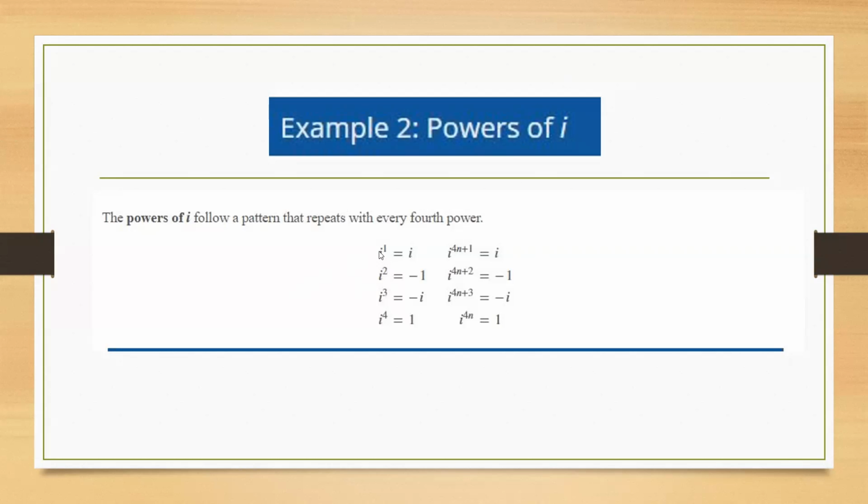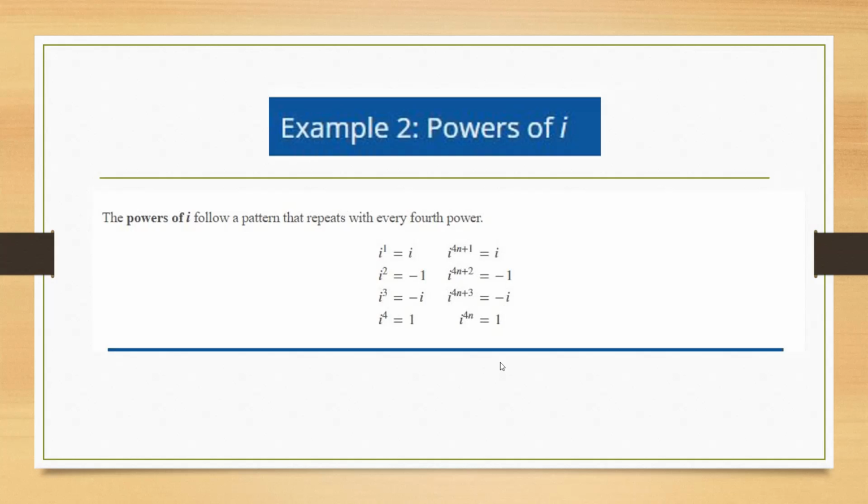So here we show going through the exponent: i to the 1 power is i, i squared is equal to a -1. i cubed, which we just computed, became a -i, and i to the fourth, we just computed, became a +1. So after that, we then began the properties of using i to the 4n plus 1, i to the 4n plus 2, i to the 4n plus 3, i to the 4n equals 1.